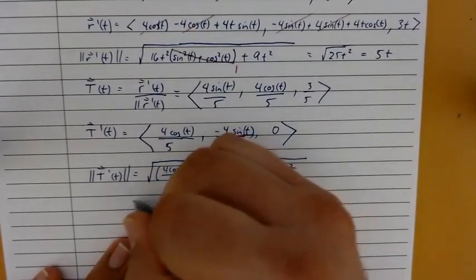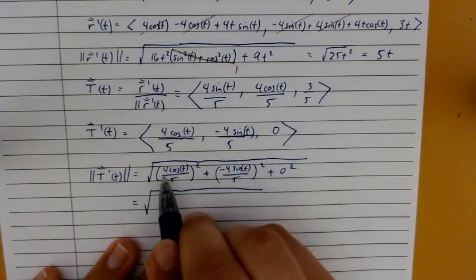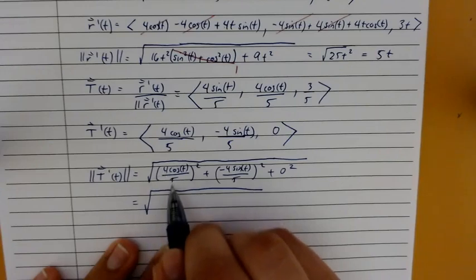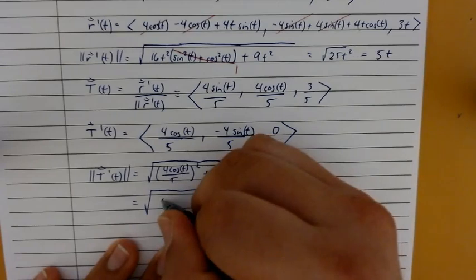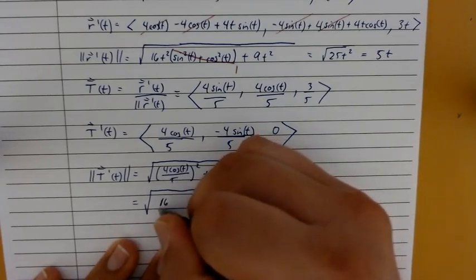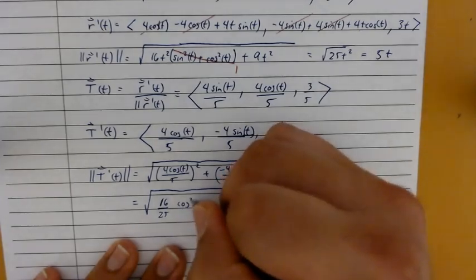So here that'll be the square root of 16 over 25 cosine squared of t, plus 16 over 25 sine squared of t.